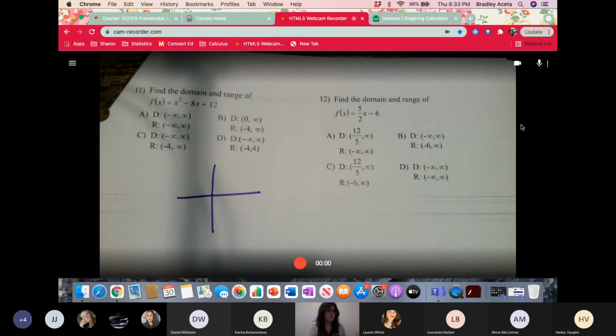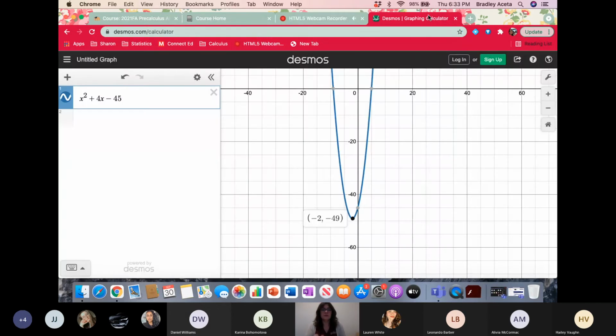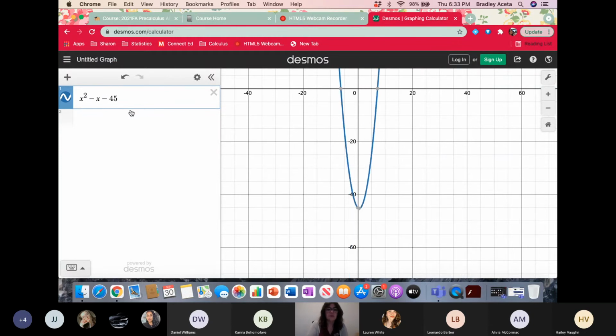I mean, you can put this into Desmos, which I'm going to do. X squared minus 8x minus 12.